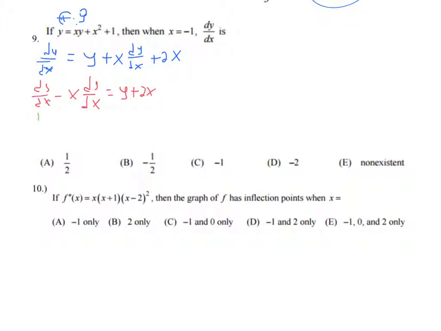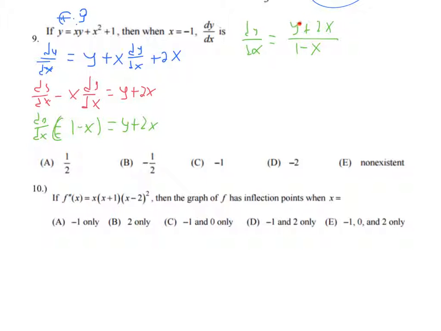So let's factor out dy dx, and it's equal to 1 minus x is equal to y plus 2x. Dividing both sides by 1 minus x, dy dx is equal to y plus 2x over 1 minus x.